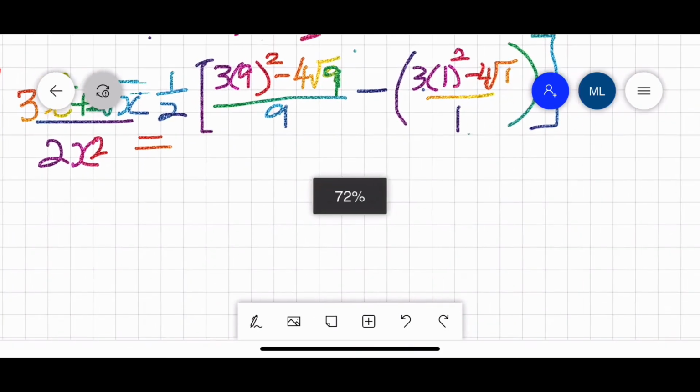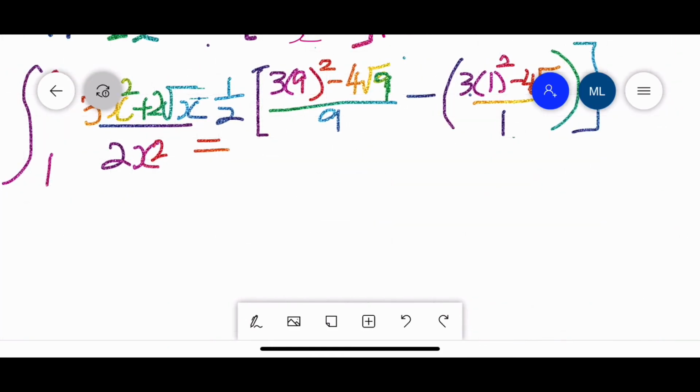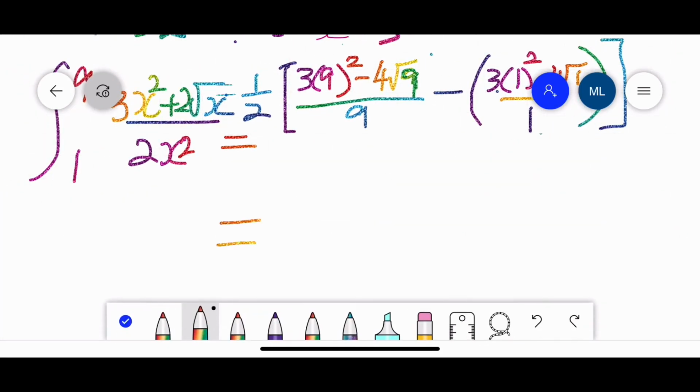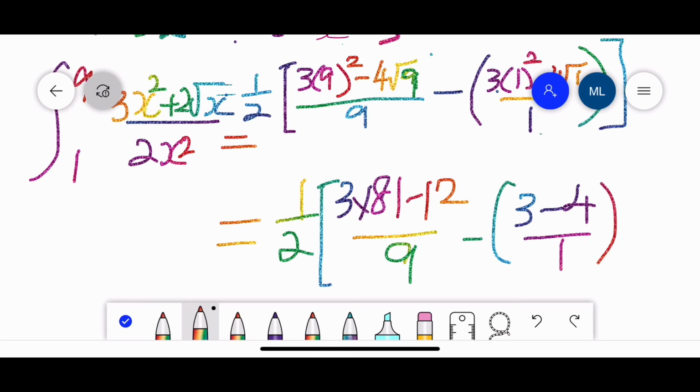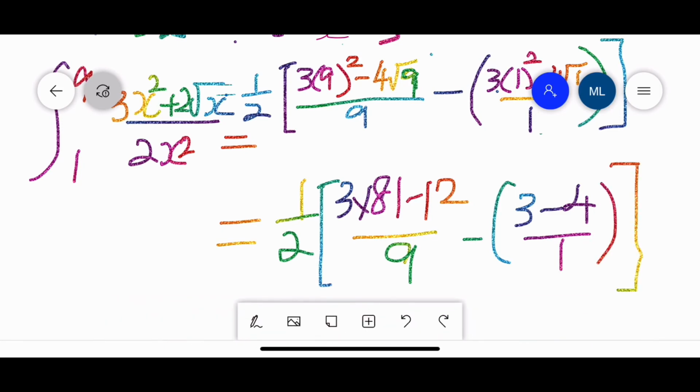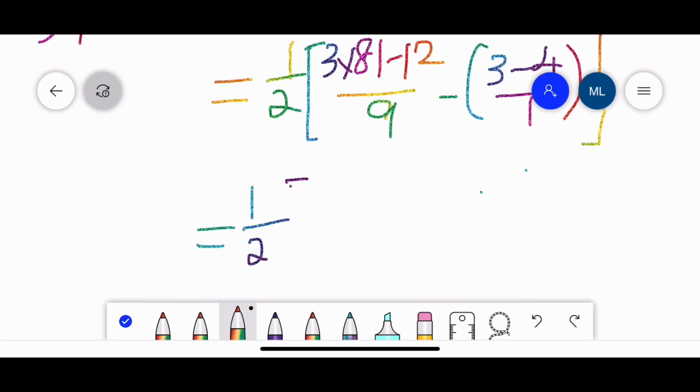Now we will simplify carefully so that we get the answer. So 1 over 2, 3 times 9 times 9, 81, minus 12, over 9, minus 3 minus 4, okay? So you have negative 1. You need to be very careful. When you minus a negative 1, you'll get plus 1 later on.